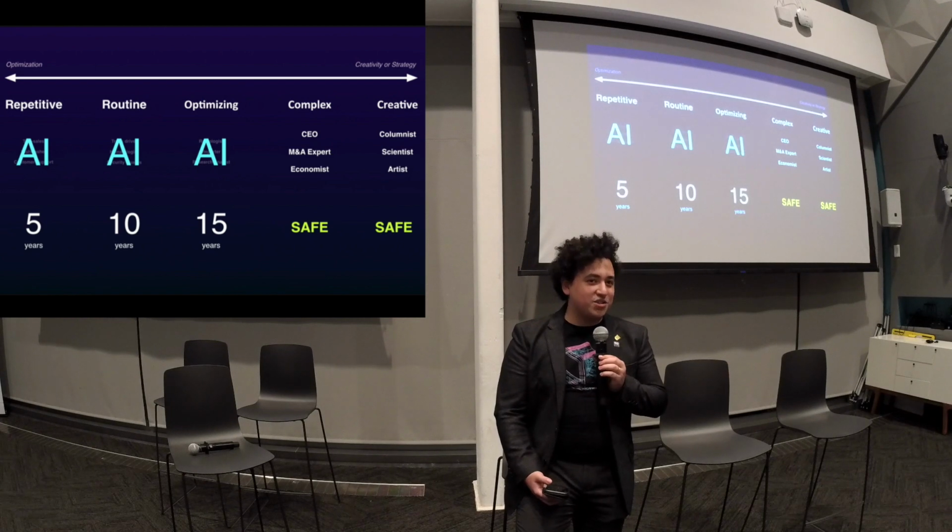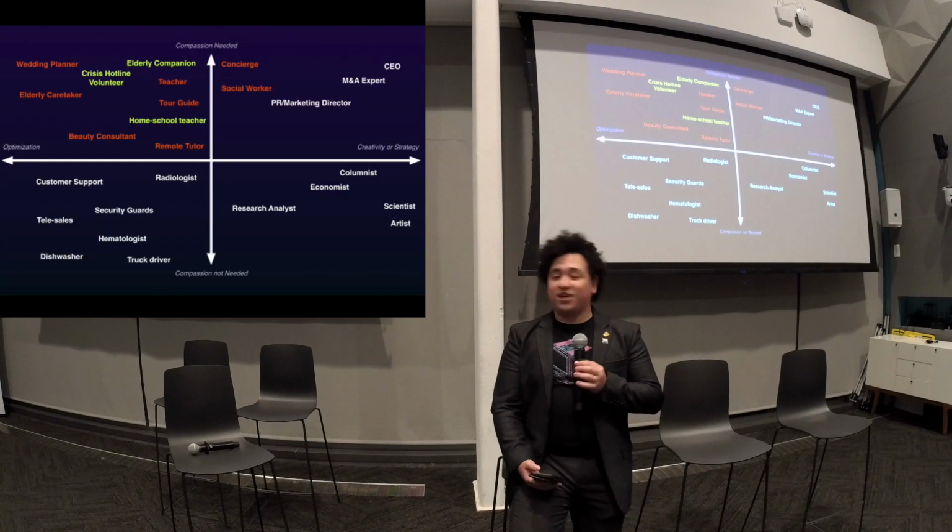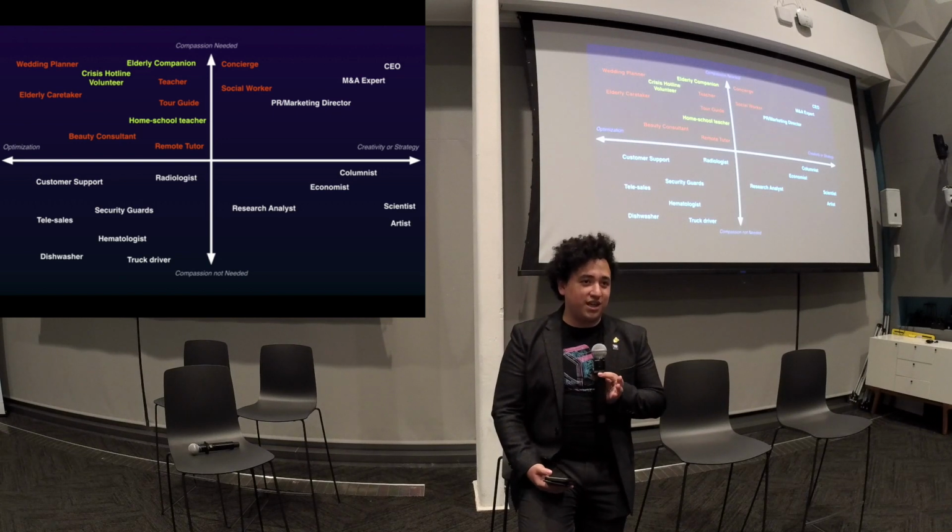Just bear in mind, that does not mean that you don't have to adapt and you'll be fine. That means that your job existentially will not get immediately replaced, but the way you work is going to change for sure. And this is the thing that I love about Kai-Fu Lee: when you add the dimension of compassion to it.